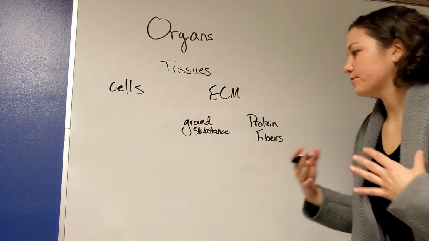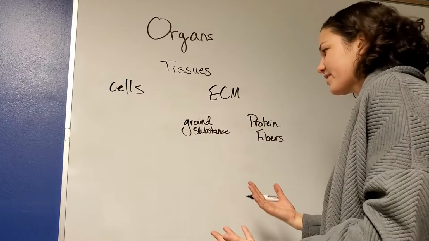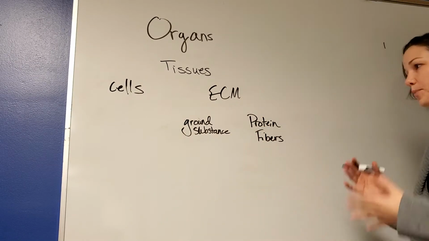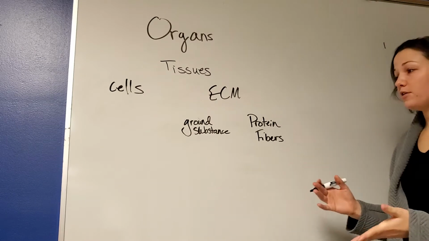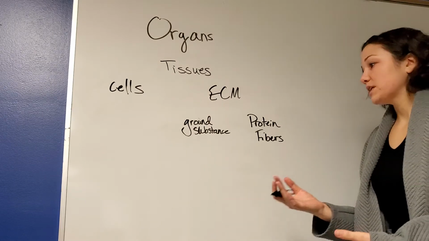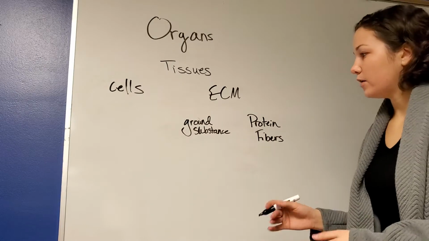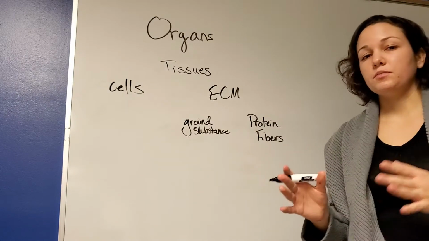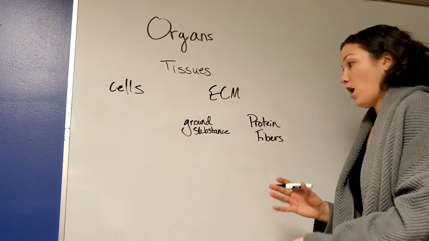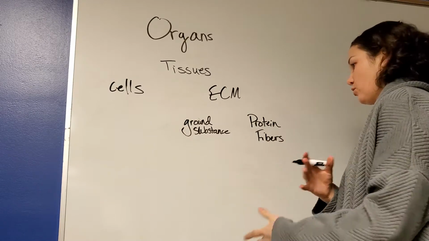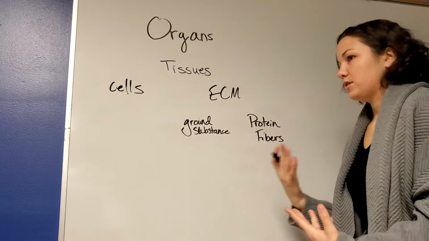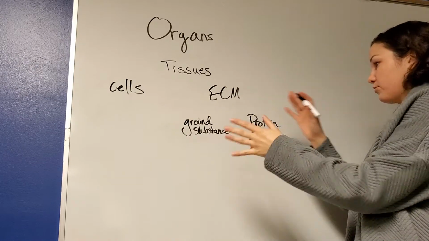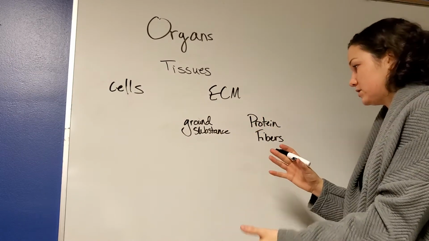There are a lot of different things that compose ground substance, but what you need to know is that it is a background material. It's mostly made out of water, and it helps with communication between different types of tissues, just like the water helps with diffusion of substances. That's really all you need to know about ground substance.